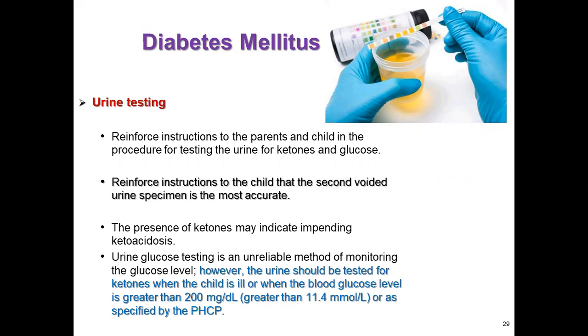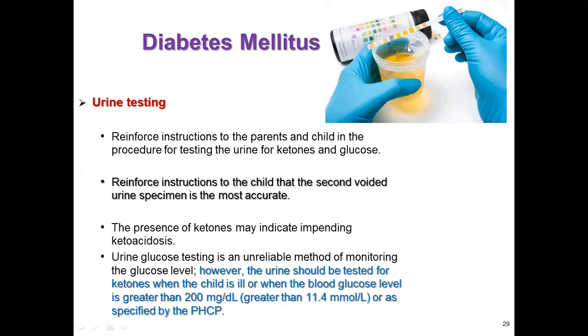And always notify the doctor if blood glucose is more than 200 milligrams per dL, or some books say more than 240 milligrams per dL, or if a diabetic patient has a fever, temperature more than 38 degrees Celsius. If the urine is positive for ketone bodies, this is the strip you see in the picture.